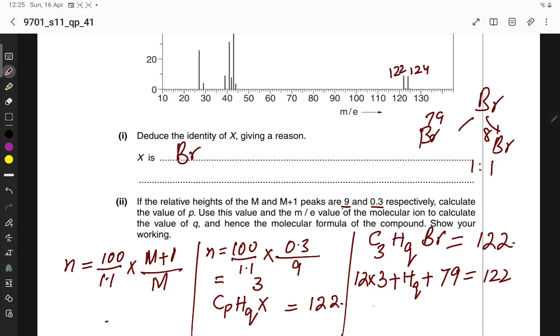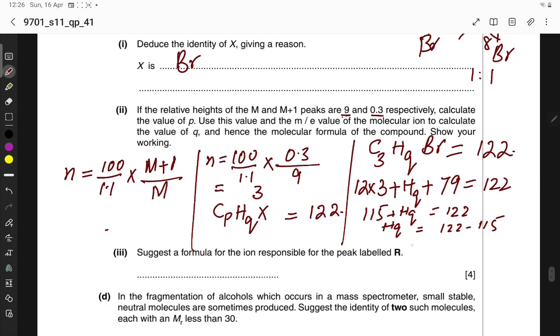So 115 plus HQ is equal to 122. HQ is equal to 122 minus 115, so this is 7. The H value is 7.